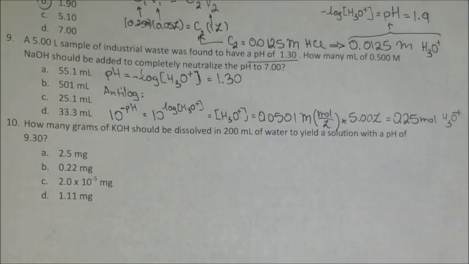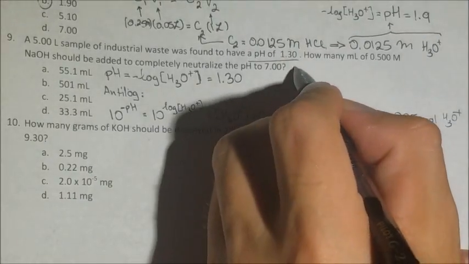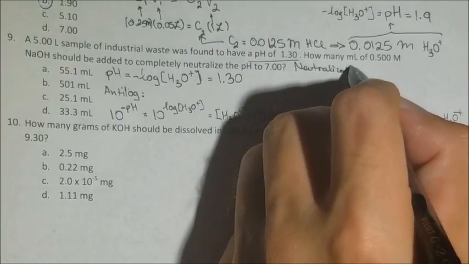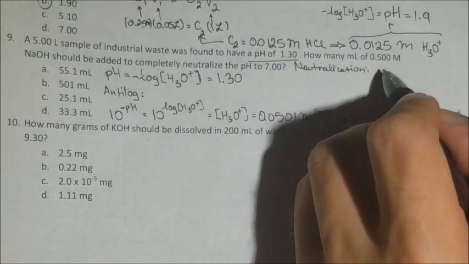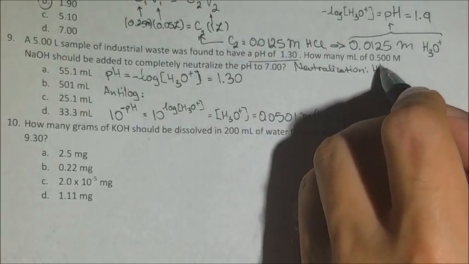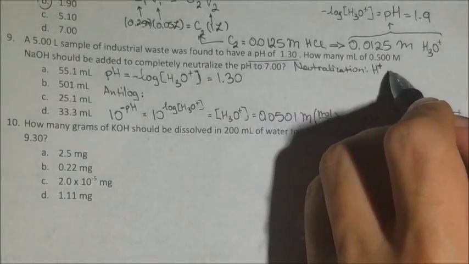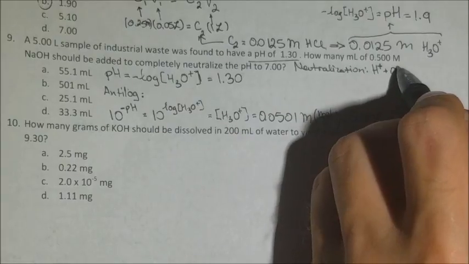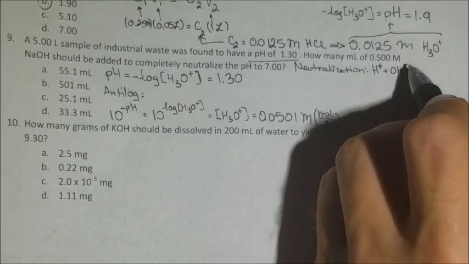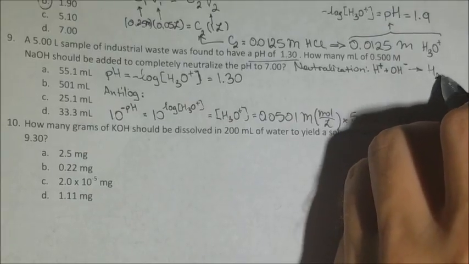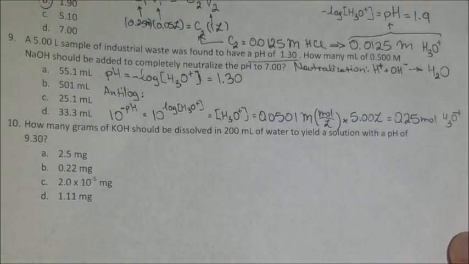Now remember, when we're trying to neutralize something, we're taking H plus, or hydronium. You can be more specific and include water, but I'm going to leave water out for now for simplicity. Hydronium and hydroxide, or just a proton and hydroxide, are going to react to make water.